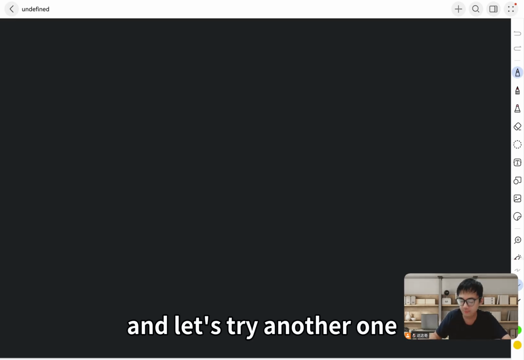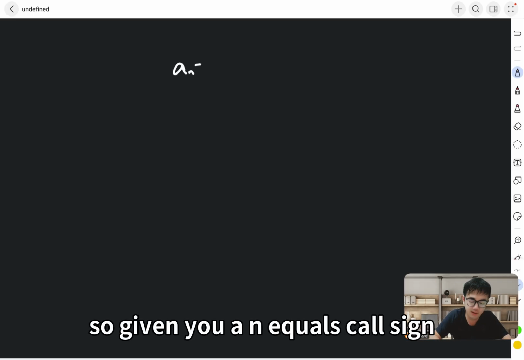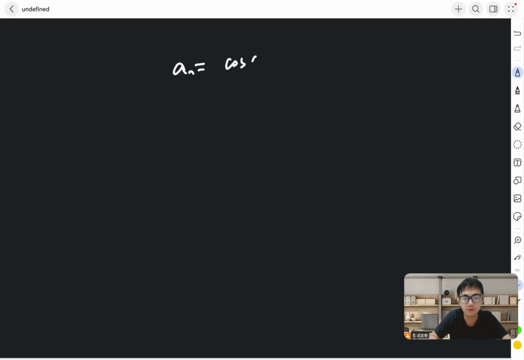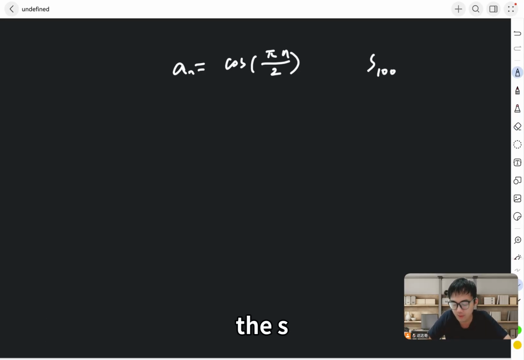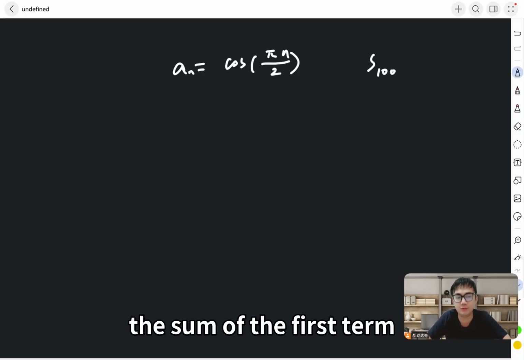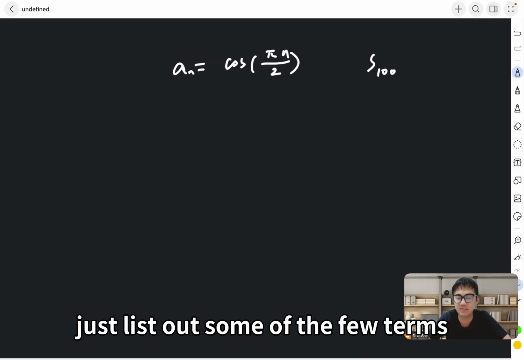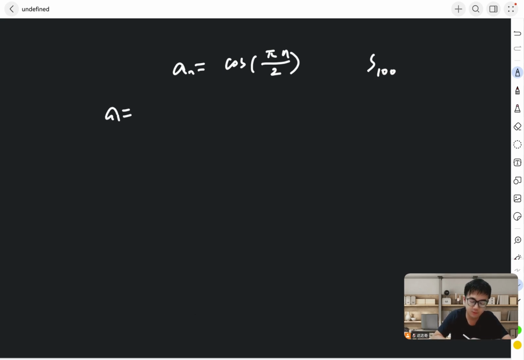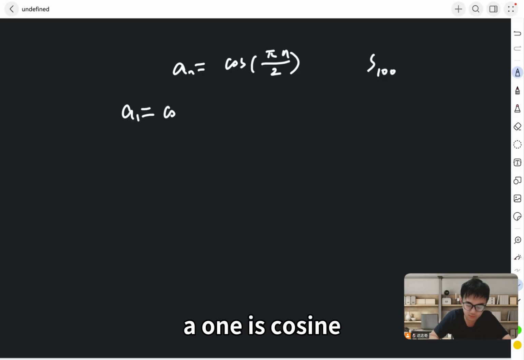Let's try another one. This will test your observation ability. Given an equals cosine of pi times n over 2, I need you to find S100, the sum of the first 100 terms. How do you do that? Firstly, don't panic. Just list out a few terms. Let's try a1: the value of n is 1, so a1 is cosine pi over 2.